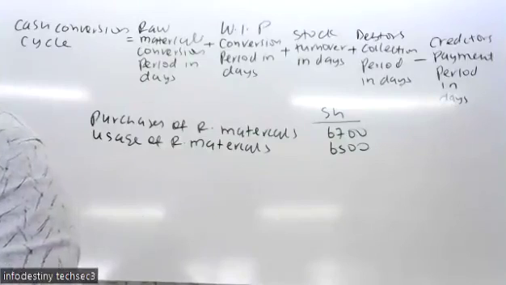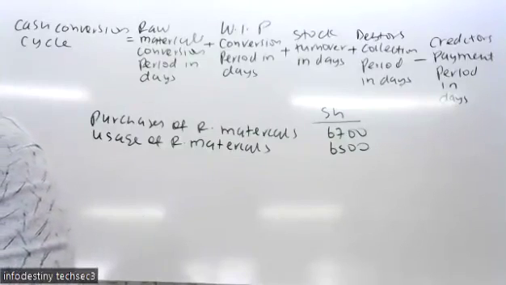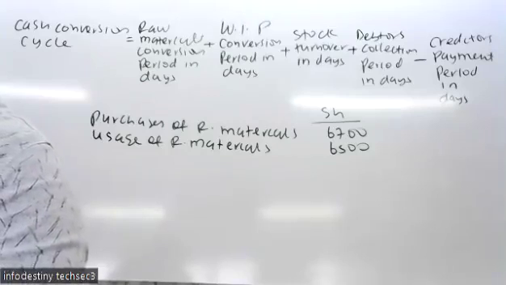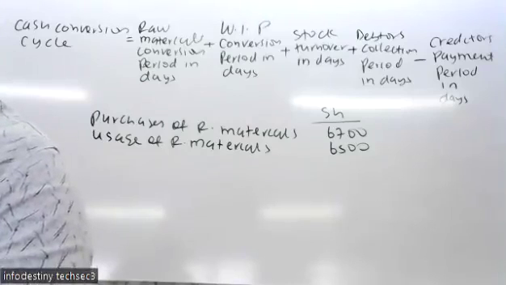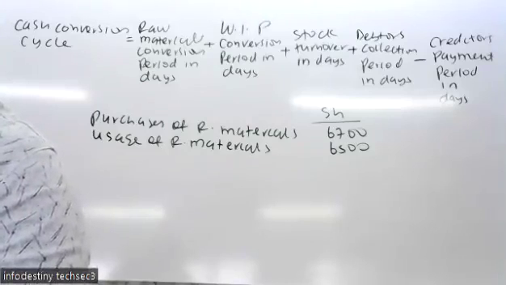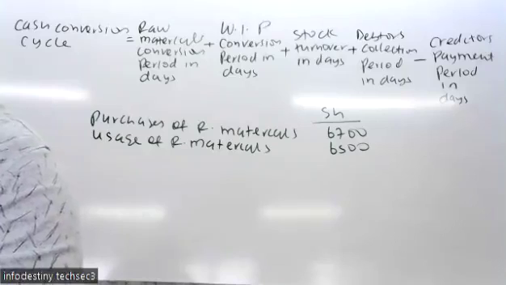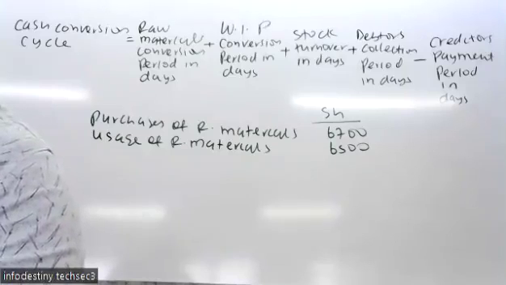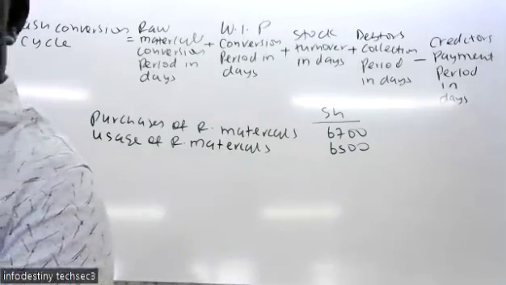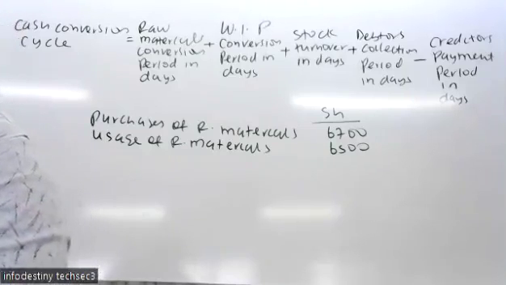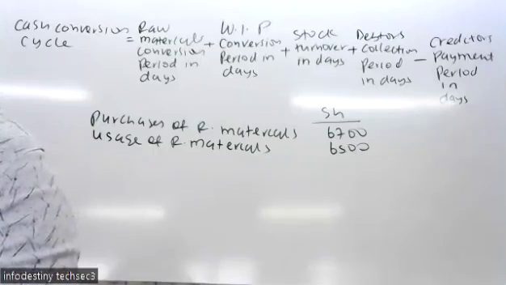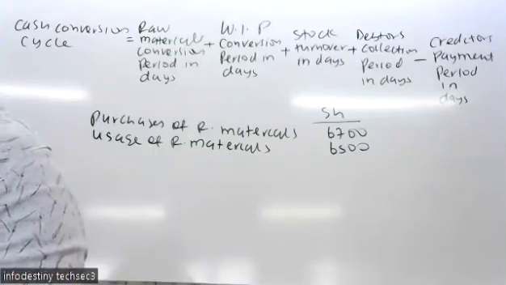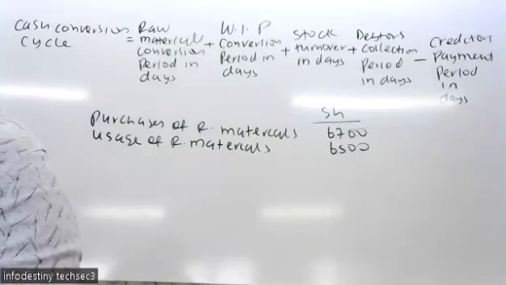The next one will be average creditors, 1,400. The next one will be average raw material stock, 1,200.